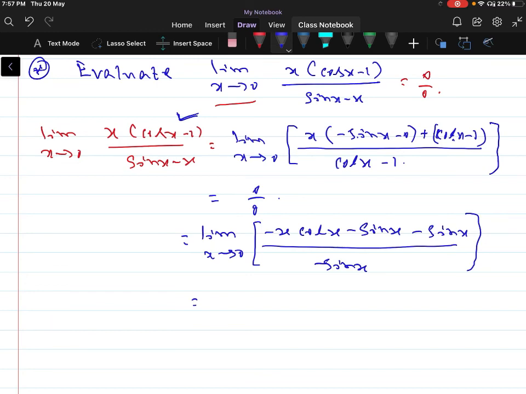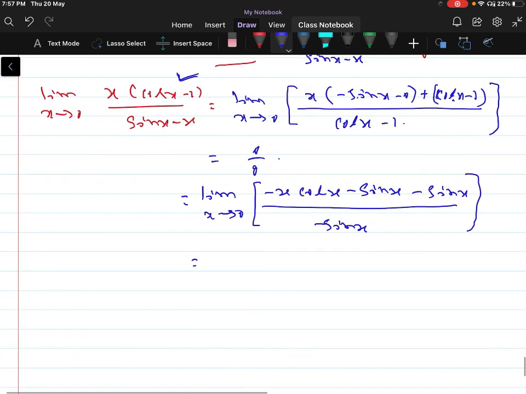Again when x approaches 0, 0 into anything is 0, sin 0 is 0. So again the denominator sin 0 is 0, again it is a 0 by 0 form. Again apply the L'Hospital rule.